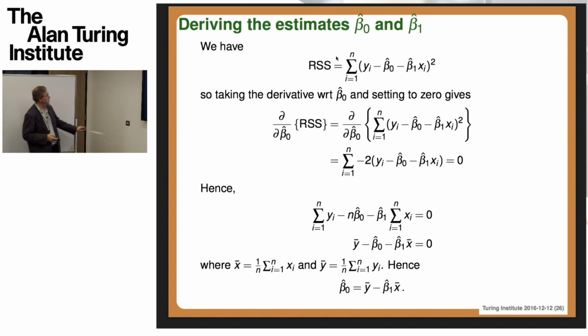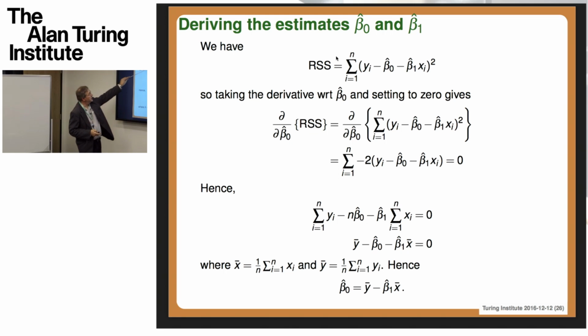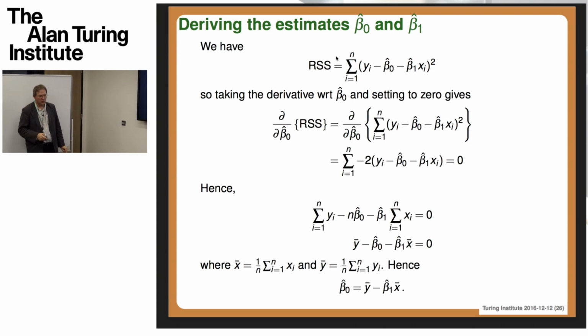So this is just the maths behind finding betas which minimize this quantity. That's a convex differentiable function, so we can find those betas by looking at the stationary points of that function. So we take the derivatives with respect to both beta naught and beta 1, and do the little calculations which we won't go through now.